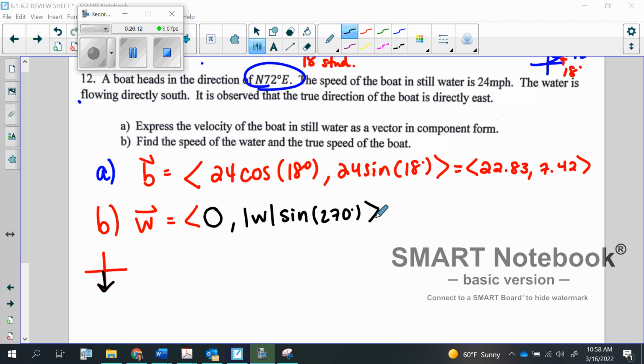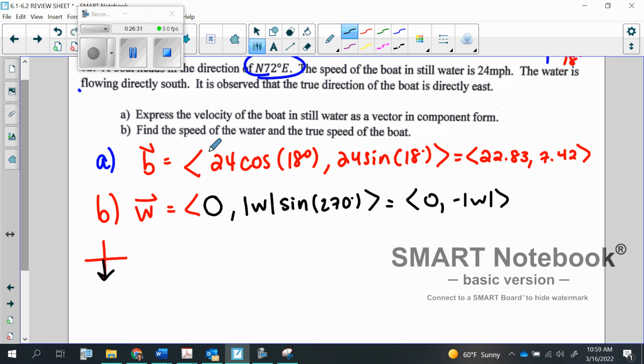One thing I forgot to mention, going back to our water vector, is that sine of 270 is negative 1. So whatever we get for this component, the negative of the magnitude, we're essentially going to find the speed of the water right out. We'll talk about that more when we get there. Going back, the problem says it is observed that the true direction of the boat is directly east.